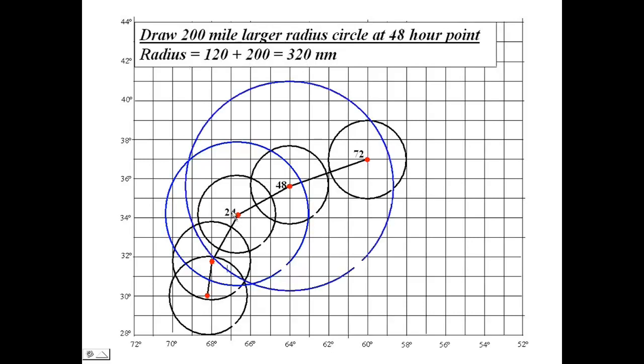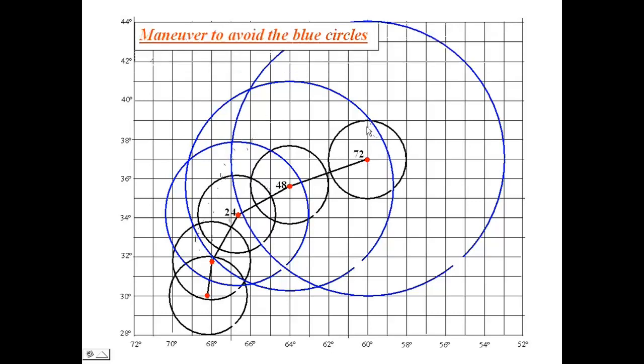And 2 days from now, 48 hours, you would apply 120 plus 200, 320. And 3 days from now, you would apply that circle. 120 plus 300 is 420. So these blue circles establish the cone of avoidance that you would like to avoid if at all possible.